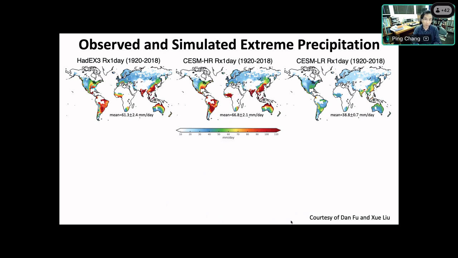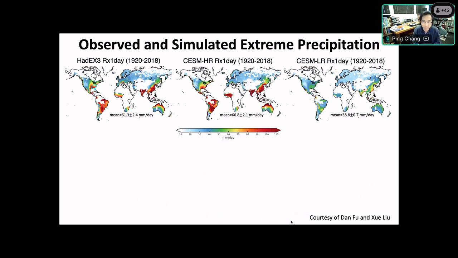And then the picture in the middle is showing the high resolution CESM simulation for the same period. And then the picture on the right is the simulation results for the low resolution model.